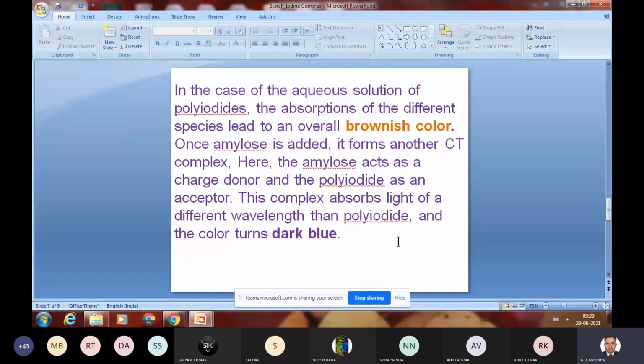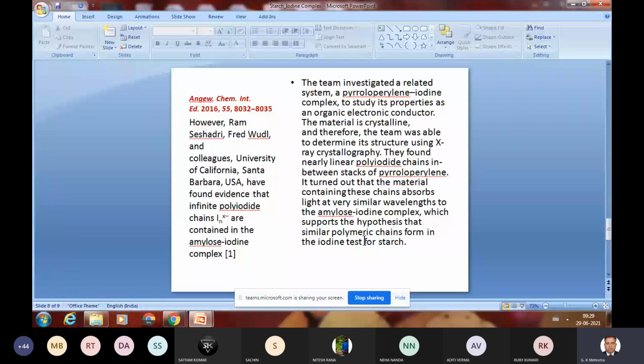So that is how this blue color gets developed. And on addition of further thiosulfate, the disappearance of blue color is actually the endpoint in this titration. The latest literature in 2016 proves that this is the case.